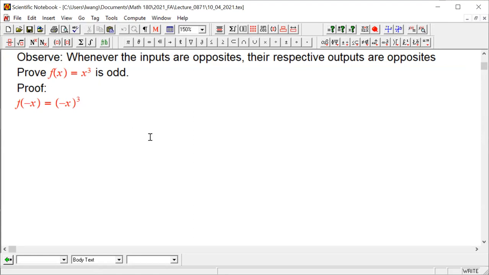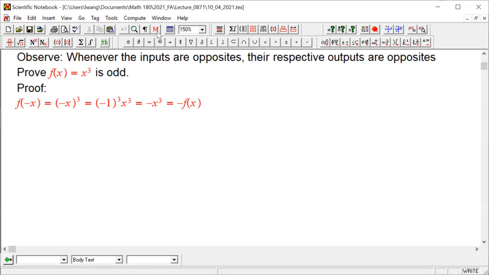So that equals (-x) to the power of 3, which is -1 to the power of 3 times x raised to the power of 3. -1 to the power of 3 is -1, and x raised to the power of 3 stays x cubed. So this equals negative x cubed, and that's just negative of f of x.